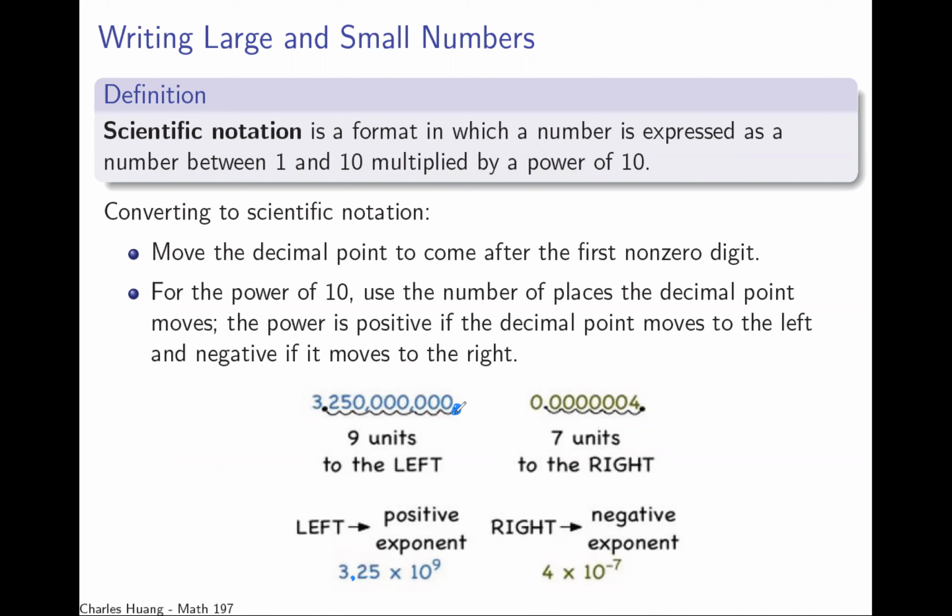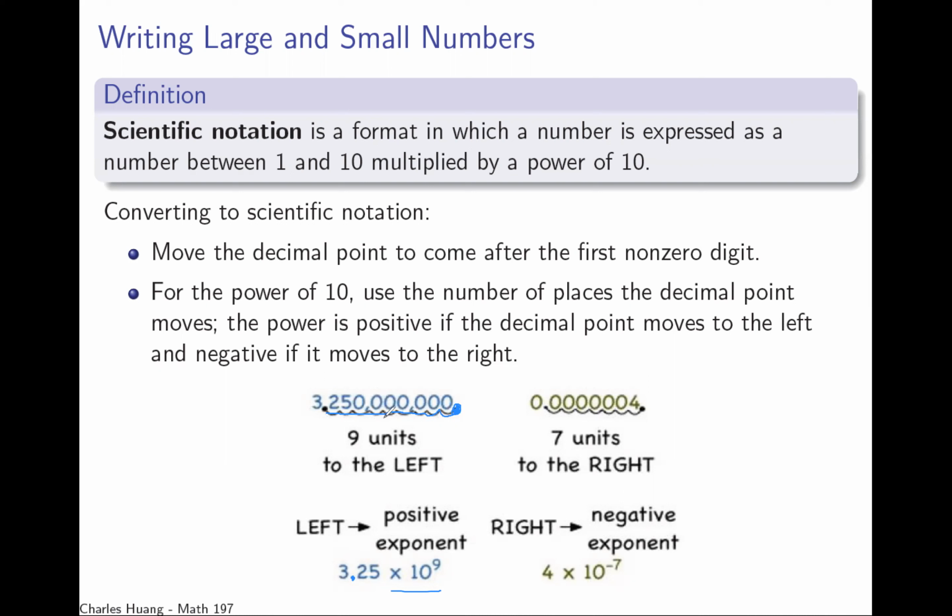So we're going to count how many places we would move the decimal point. In this case, we move 1, 2, 3, 4, 5, 6, 7, 8, 9. 9 different places. So in this case, it's 10 to the power of 9 as my exponent.